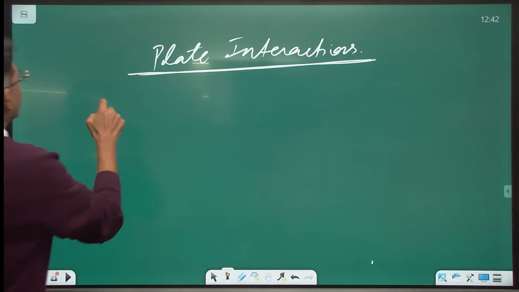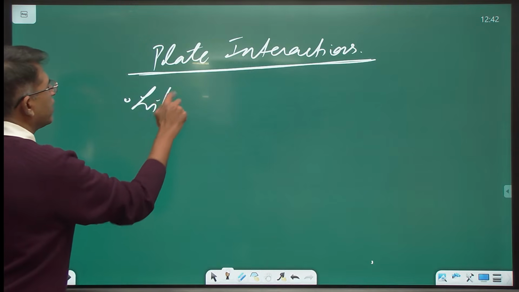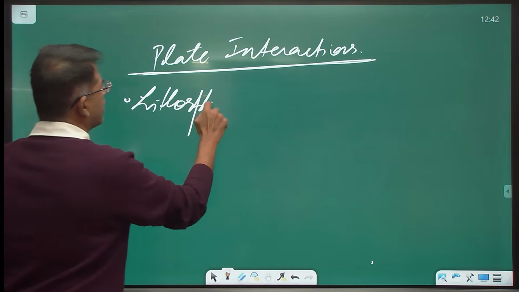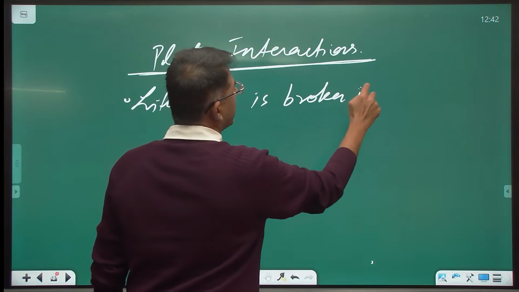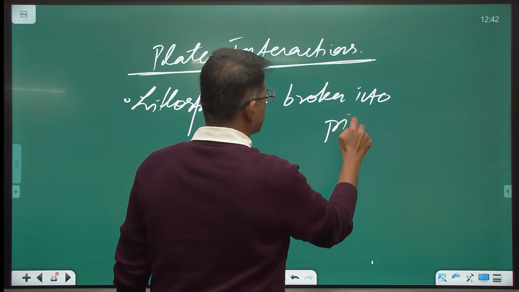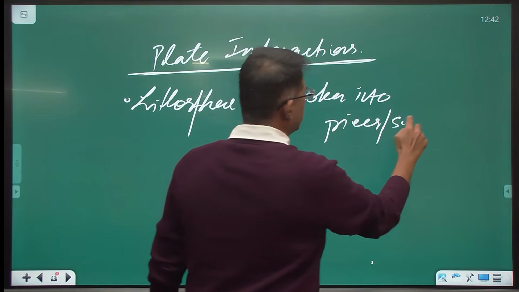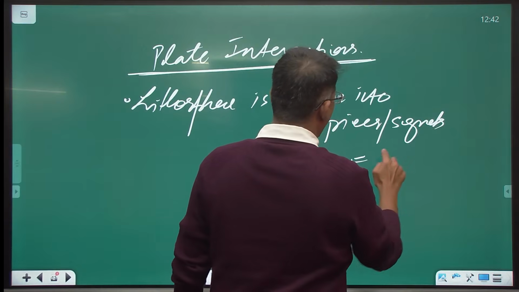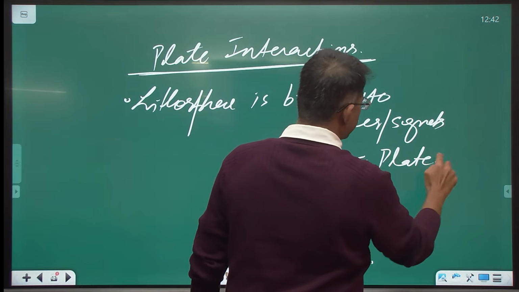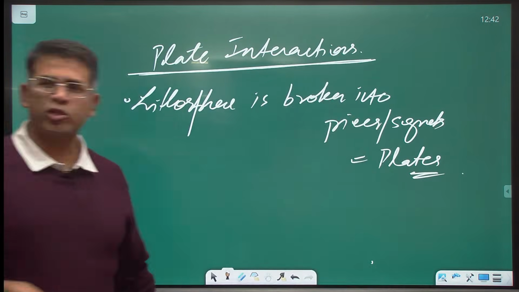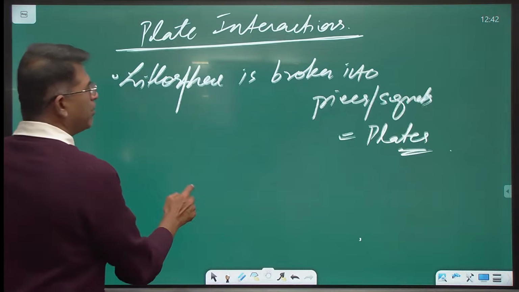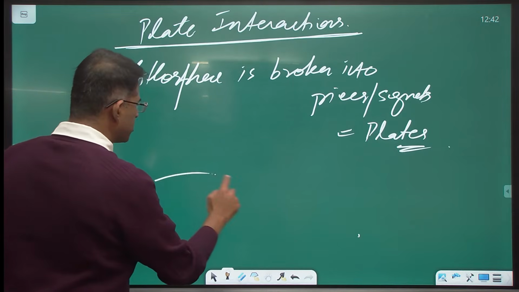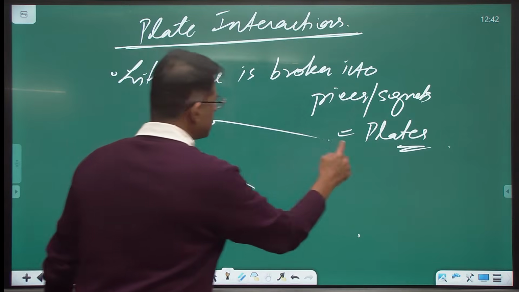The lithosphere is broken into pieces, into segments. We call these plates. The lithosphere layer is not a continuous layer. The lithosphere is broken into segments called plates.